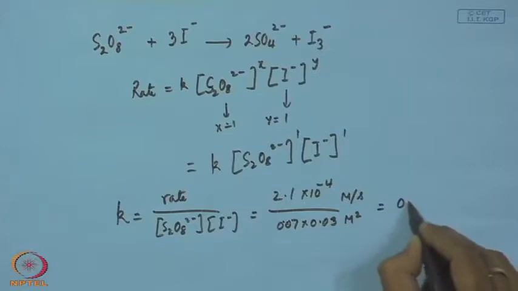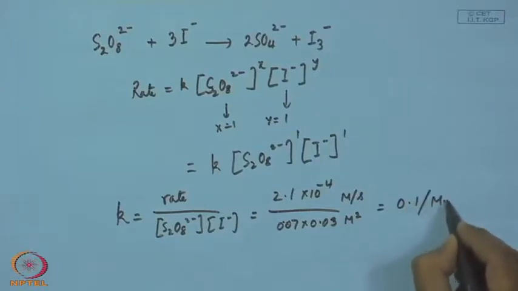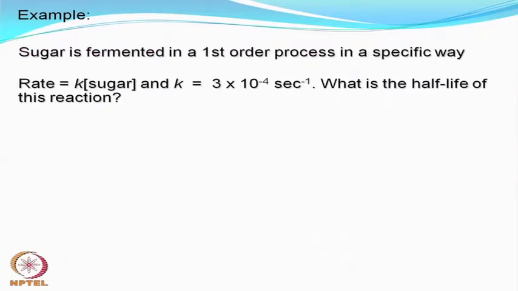So, this gives you 0.1 per mole second. This way we can find out the rate law and also the rate constant for a given reaction.